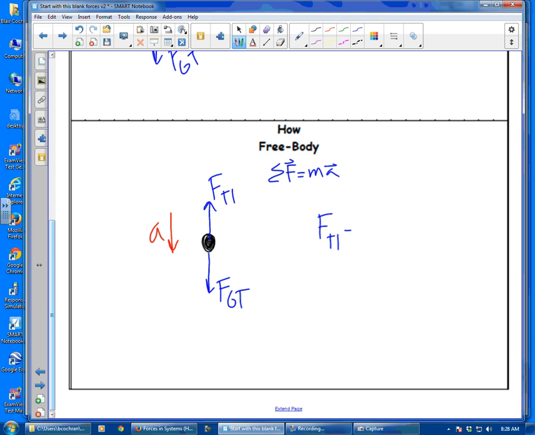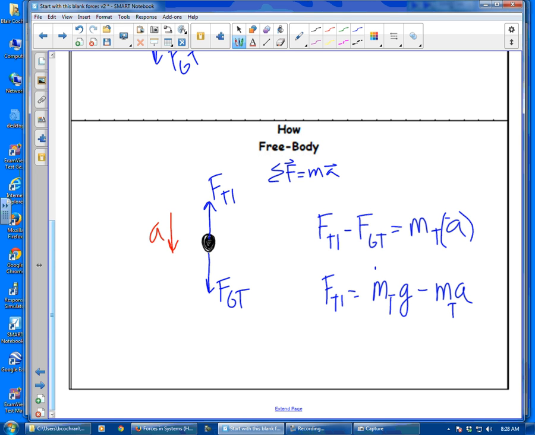Then, same mathematically, FT1 minus F total equals my mass total times my acceleration. So FT1 equals m total g, oops, this is negative, minus m total a.